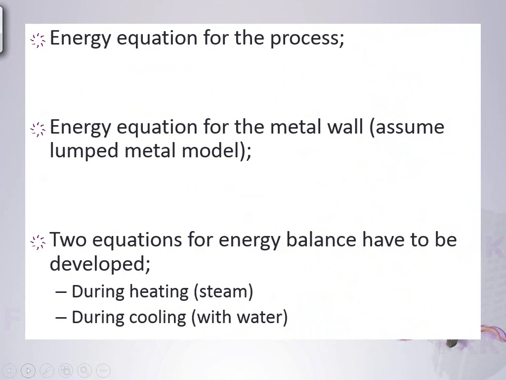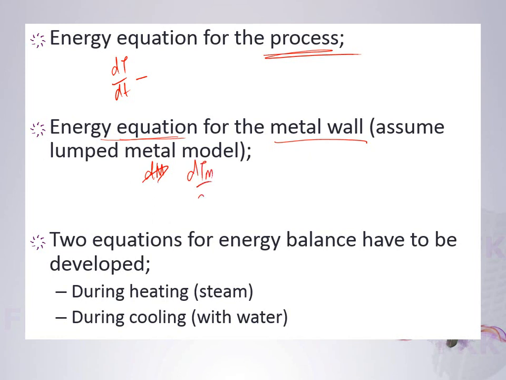Okay, now, to be detailed. I told you just now you need the equation dT/dt for the process fluid. And if you want to be detailed, you can actually do the energy balance for the metal wall, dTm/dt.